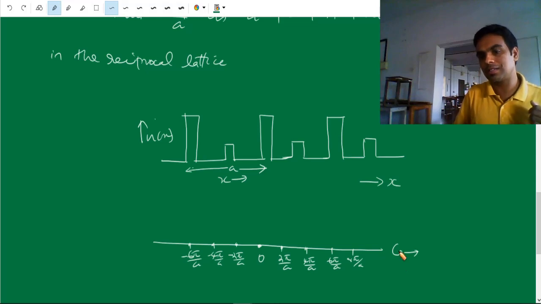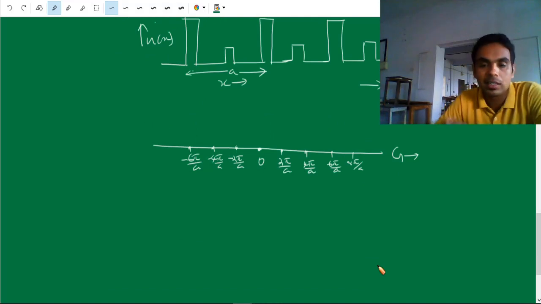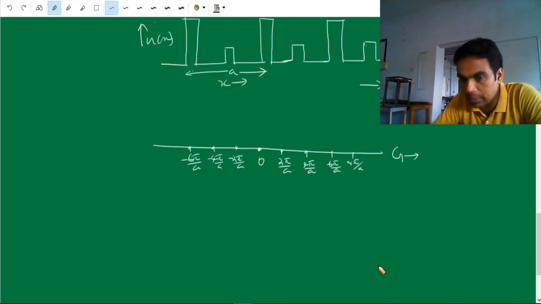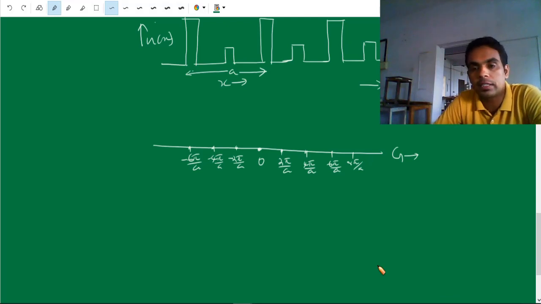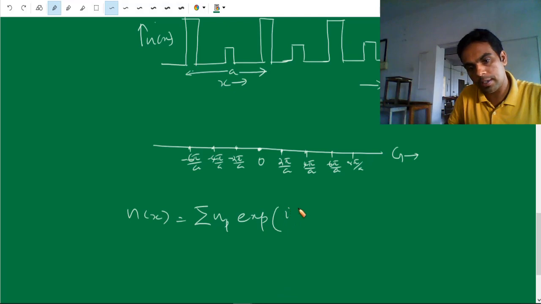Okay, so in general, this is the reciprocal lattice vector G. The reciprocal lattice points tell us the allowed terms in the Fourier series, which is consistent with the periodicity of the lattice. n of x can also be written as a summation over p of n_p times exponential e raised to i 2 pi p x by a.